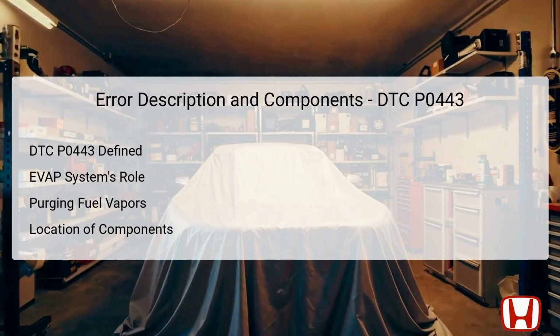DTC P0443 signifies that the EVAP canister purge valve circuit is malfunctioning. This valve is crucial in controlling the expulsion of fuel vapors from the EVAP system to the engine for combustion. The EVAP system's primary role is to reduce vehicle emissions by managing these vapors.